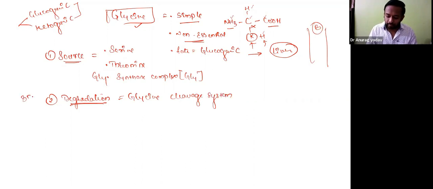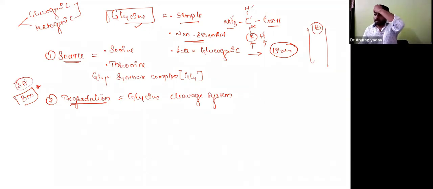Again, in the exam, this is a short answer question. Okay, that is a 3-mark question in the exam. That is the glycine cleavage system. So, the glycine cleavage system is a multi-enzyme complex. Means it is not made up of a single enzyme, but contains multiple enzymes. So, it's a multi-enzyme complex which helps in the degradation of glycine.